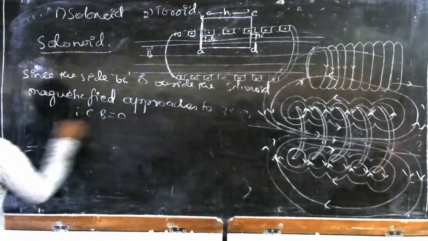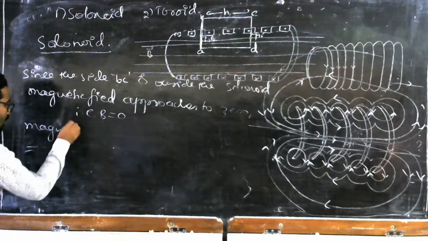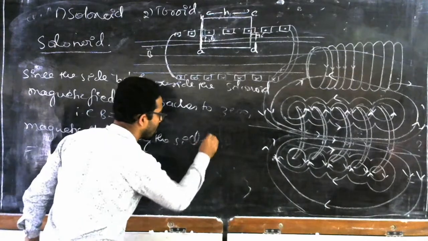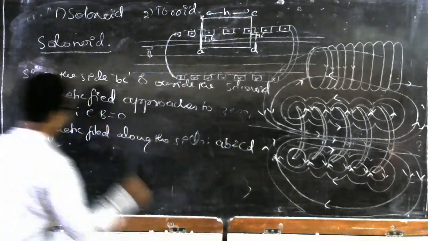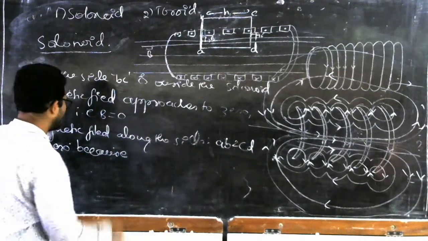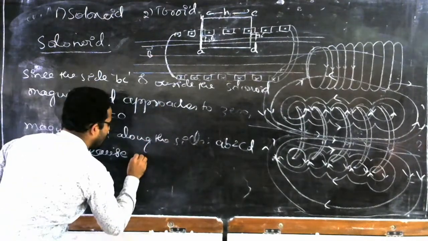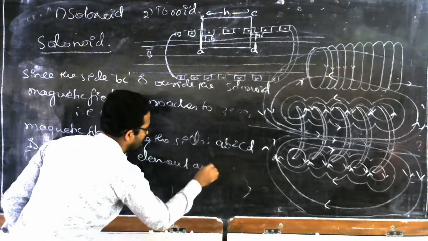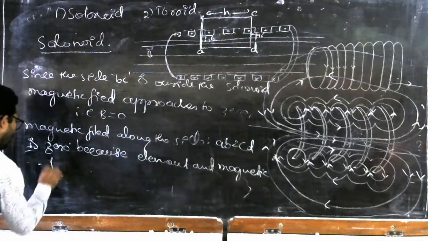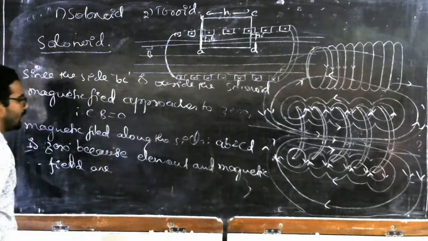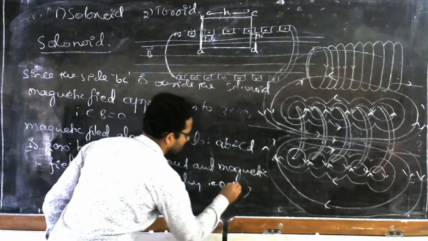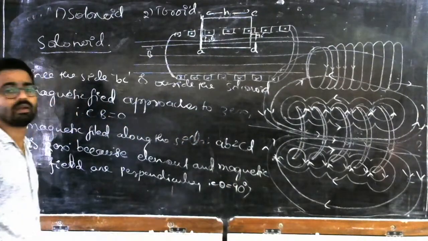The magnetic field along the sides AB and CD is 0 because the elements and the magnetic field are perpendicular, that is theta equal to 90 degrees. That is why B is equal to 0.